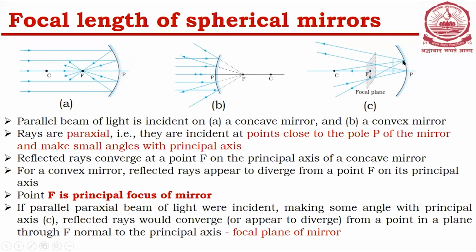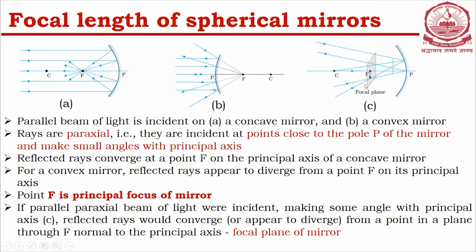You can just see that there are two rays that they have considered. Each ray obeys the laws of reflection, and you can see that the incident angle will be equal to the reflection angle. And these two rays will actually meet at a point. It is not at the focal point, but at some distance from the focal point.